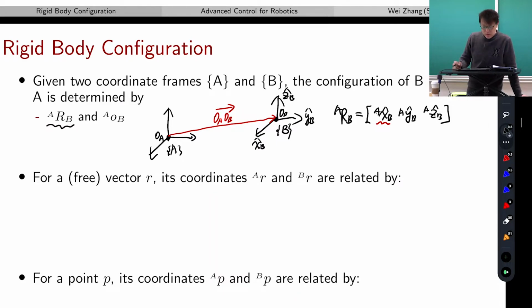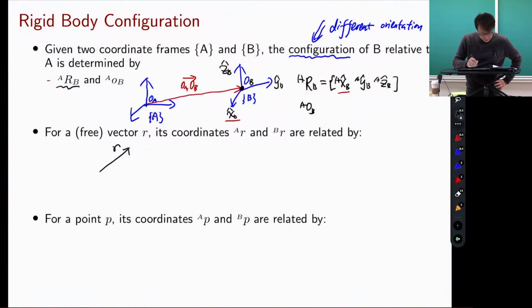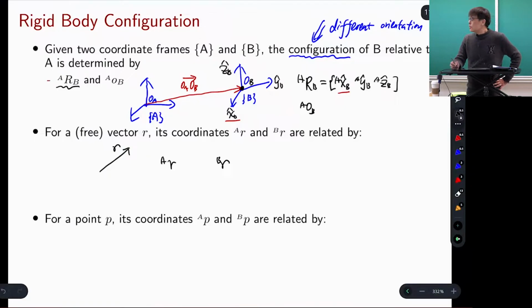Now I'm going to ask another question. Suppose I give you a free vector R. Let's randomly draw a vector. This is R. This vector is uniquely defined. A vector only involves direction and magnitude. So now I'm going to ask you what is R_A, and how R_A relates to R_B. I'm considering two frames, and the frames are not collocated.